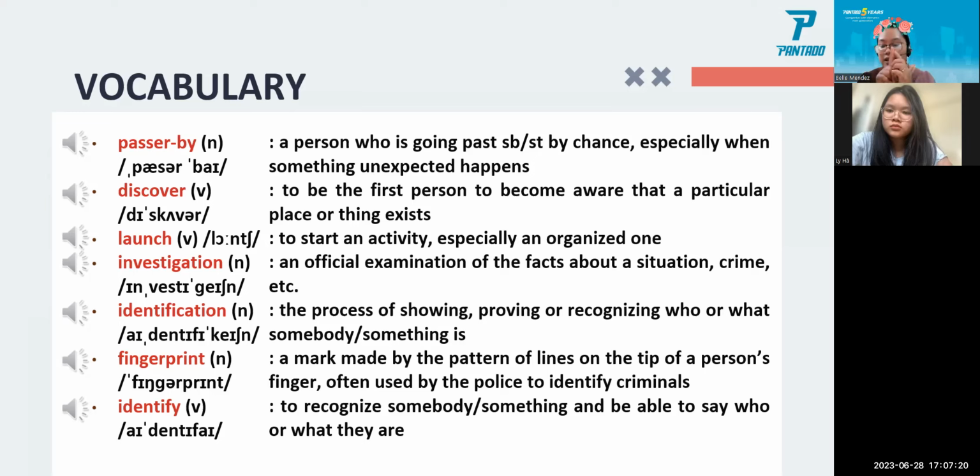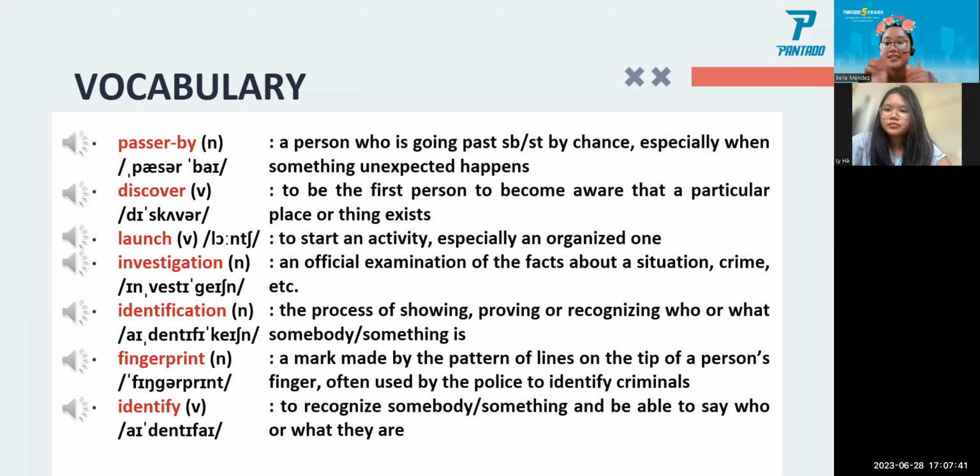Our hand here has different patterns. So this is called fingerprint. If you put ink here on a paper, you can see your fingerprint. We use it to open our phone, right? Yes, that is it.